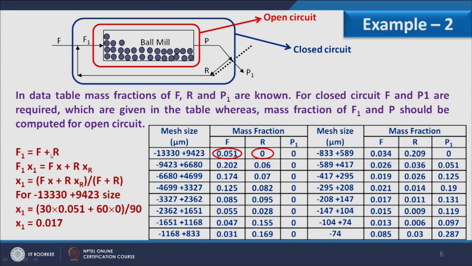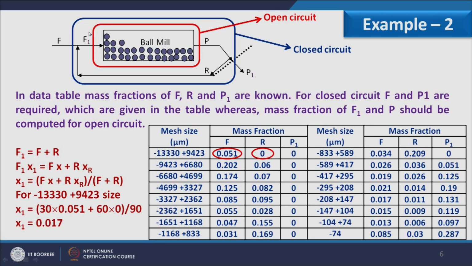So, how can I calculate the size distribution of F1? By making material as well as component balances. F1 is nothing but the summation of capital F plus R. So, we have F1 equal to F plus R, where F is given as 30 tons and R is given as 60 tons per hour. This is the mass balance before entering the ball mill, and the component balance is F1 x1 equal to F xF plus R xR.